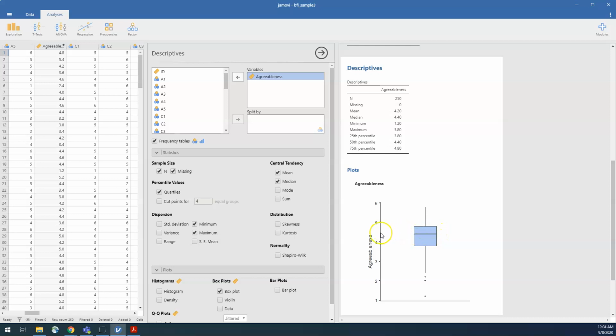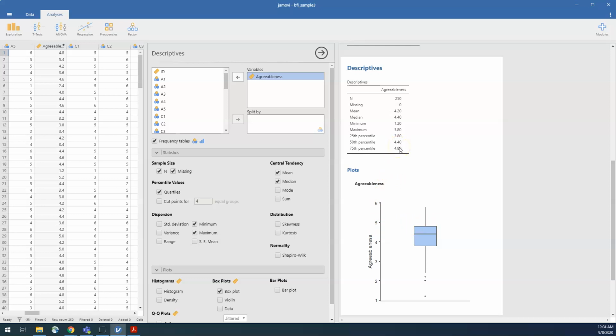That corresponds with 4.4 on this graph and 4.4 up here in your table at the 50th percentile. You've also got a 25th percentile right here that's marked at 3.8. If you look at the scale, 3.8, it also says 3.8 up here. And the 75th percentile is the top of this box. It's labeled as 4.8 on this graph and 4.8 in the table.